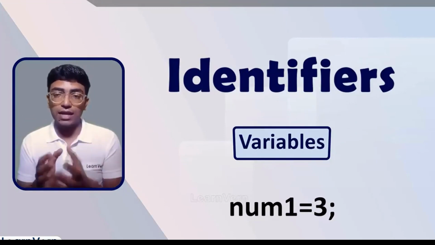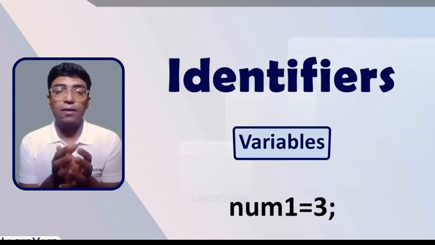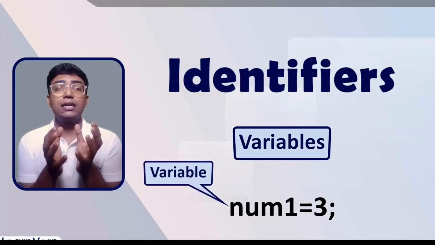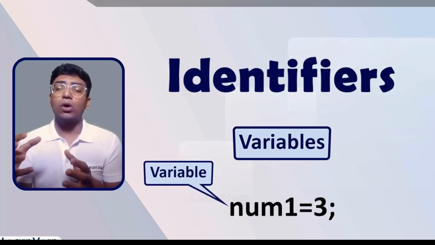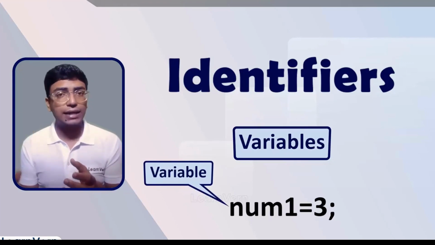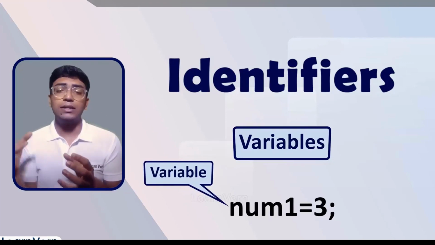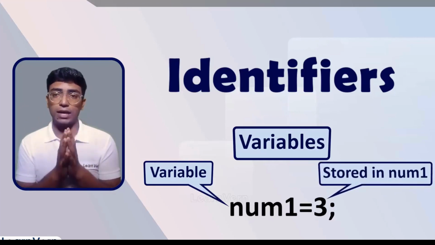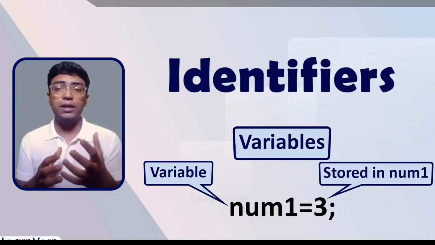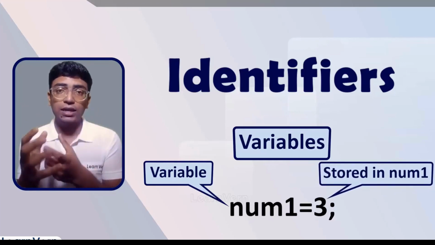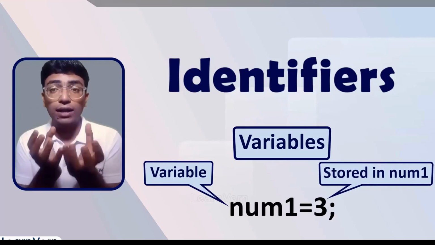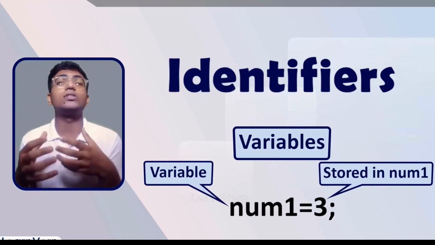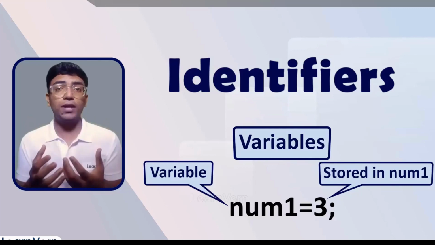But it actually means that num1 is a variable, and the value 3 that we are seeing on the right hand side is going inside num1 and getting stored. So when we say that we want num1, we will get the value inside num1, this 3 that we are storing inside it.